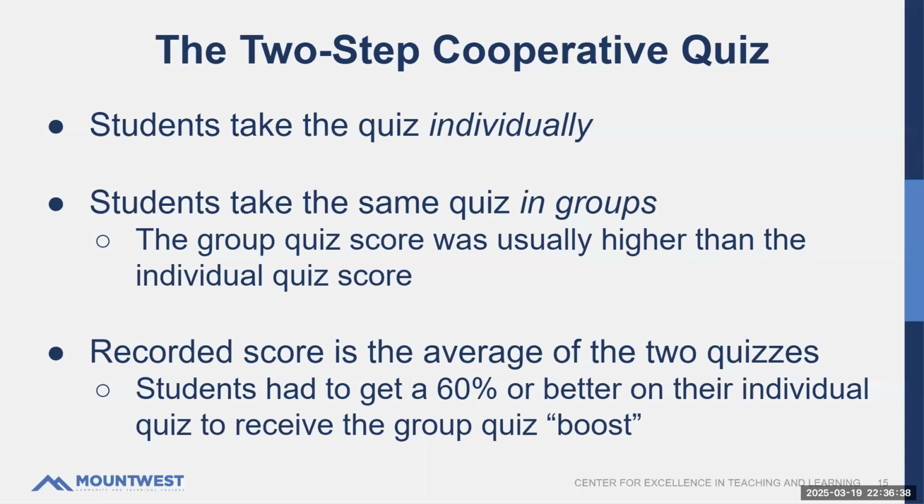I was worried about having groups where one student was doing all the work and another student was benefiting, and I think having that requirement helped prevent that from happening. My students reported that they loved the group quizzes. And most of the time, honestly, everybody got a good enough score on their individual quizzes to get that group boost.